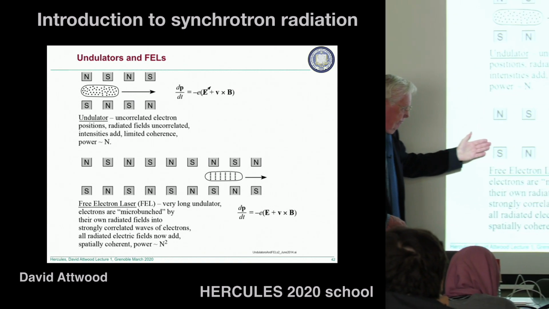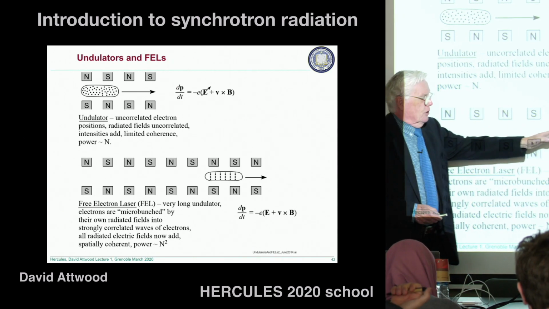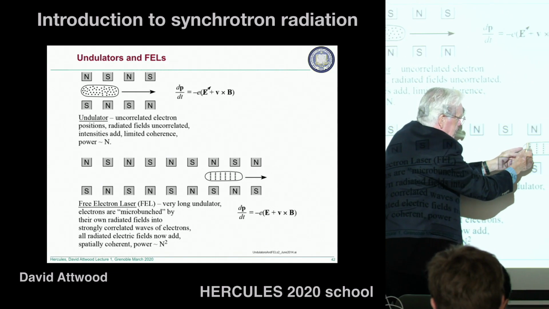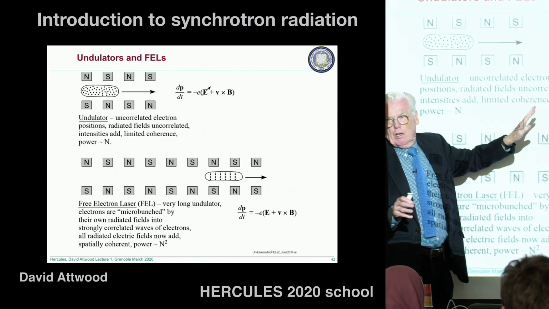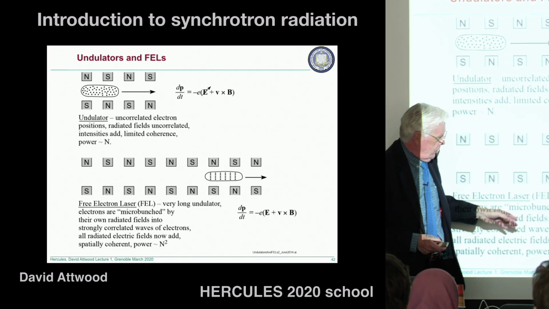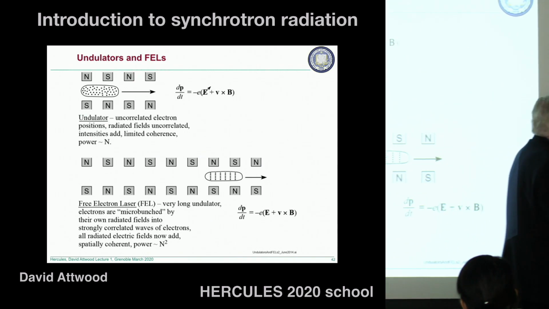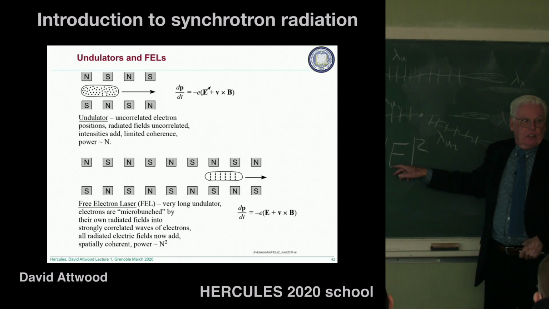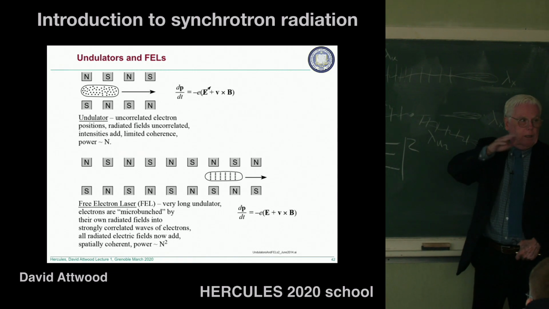So all this says is there's what I call micro bunching takes place. This was a bunch. These are like micro bunches, okay? And the electric fields here are chaotic. They don't add in phase. Here, the electric fields add in phase, and because of that, we're going to get this extra factor of however many electrons there are in the bunch or within one wave.